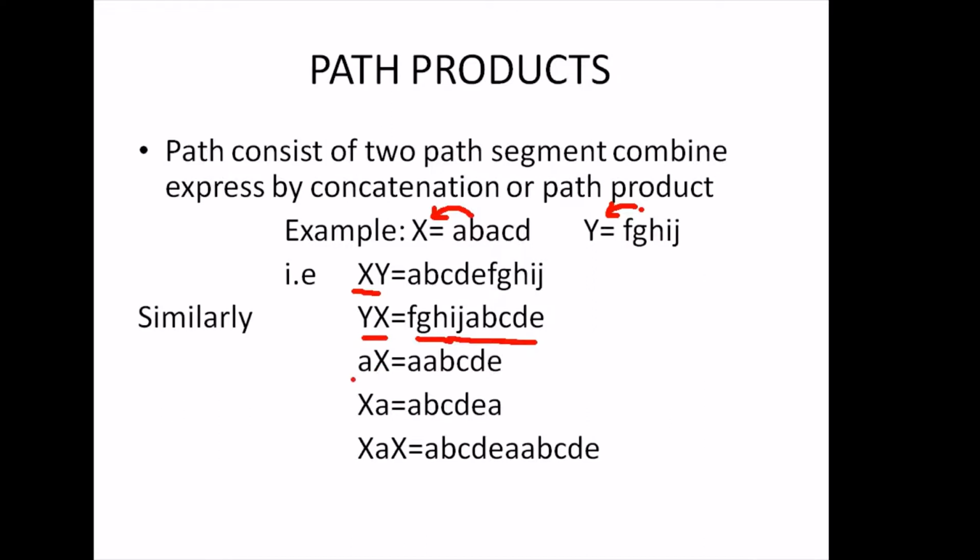If, instead of a particular path, you take only a single path name A and here path X, we can take the product of A and that particular path, A, B, C, D, E. If you take XA, before A we can specify the path, and in between two paths we can also take A.